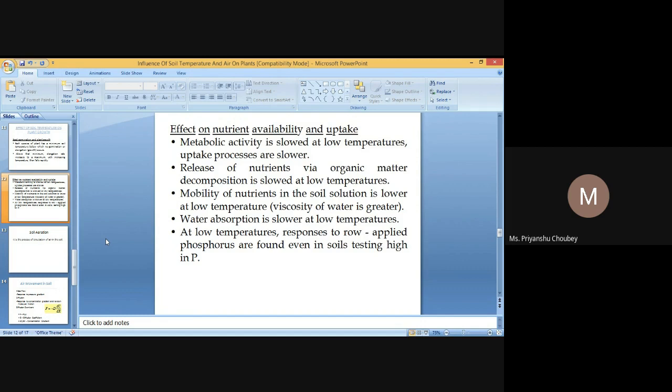Classification of nutrients as mobile and immobile: internationally, nitrogen is both mobile as nitrate and immobile as ammonium in soil.